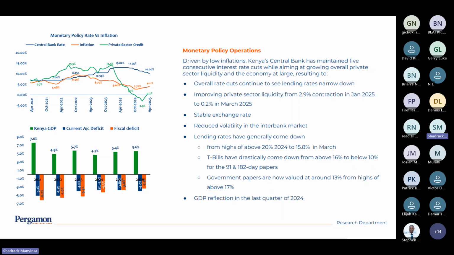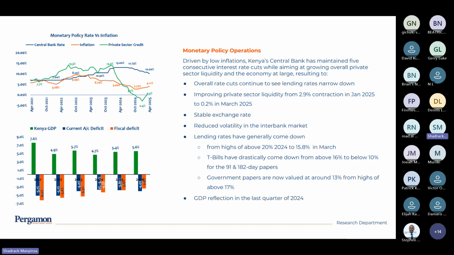Because of that, there was a contraction in the overall loan book of the banking sector, and that had an impact on the economy, which saw GDP growth slow down from 5.7 to 4.7%.